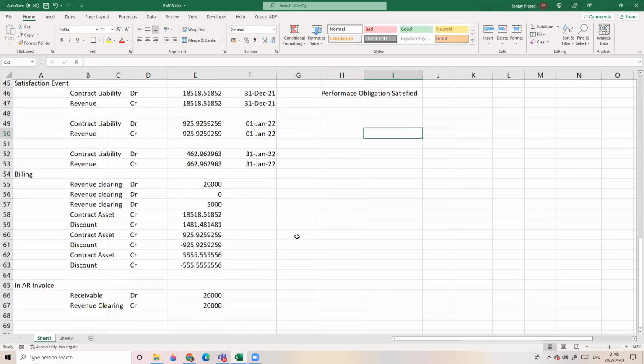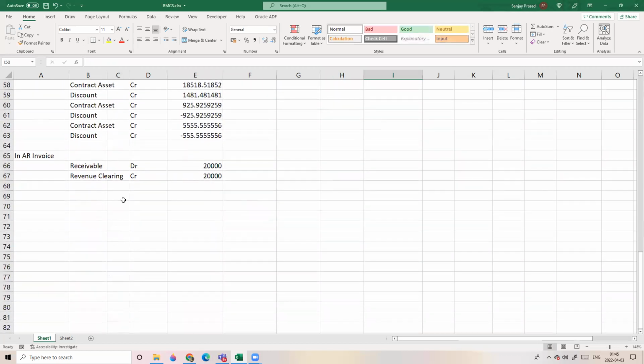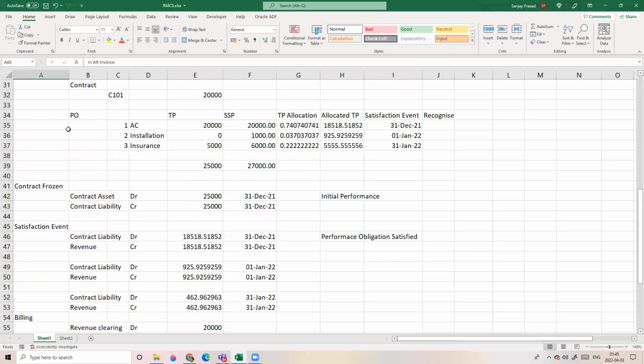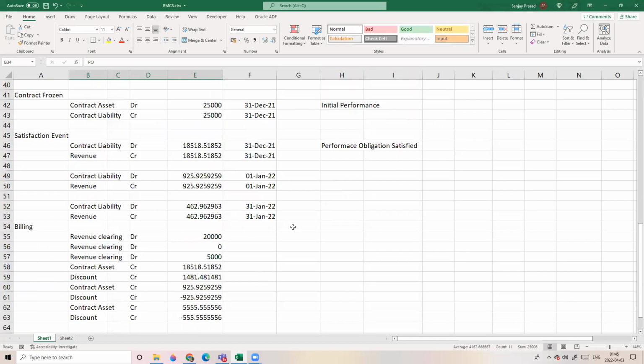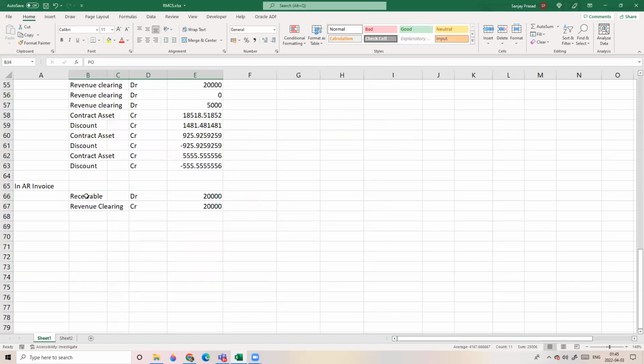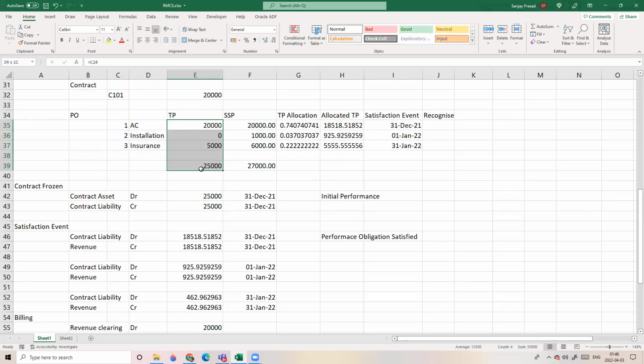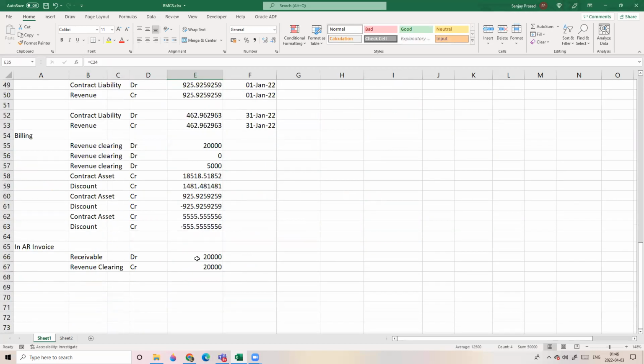Now let us take a divergence from here and go to receivables. Whenever this contract is created, we will bill the customer. So the billing is done, assuming receivable, and I create an AR invoice. In the AR invoice, the accounting entry will be debited by 25,000.